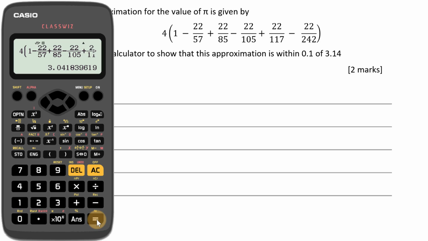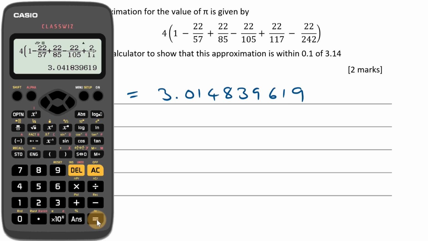What is that equal to then? So I'm going to write down the full display, 3.0148399619. Okay, so show that the approximation is within 0.1 of 3.14.